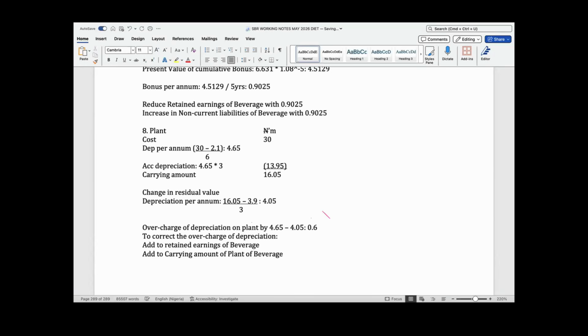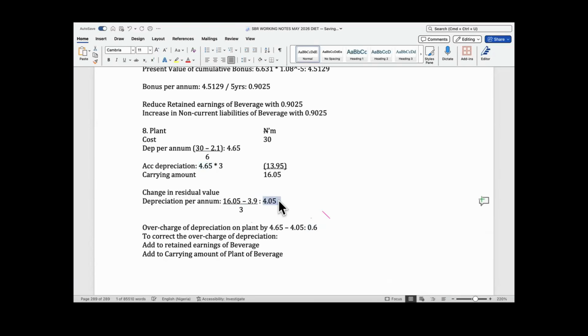So those are the two adjustments I need to make, just this 0.6. They recognized 4.65 as depreciation instead of using 4.05 for the current year.